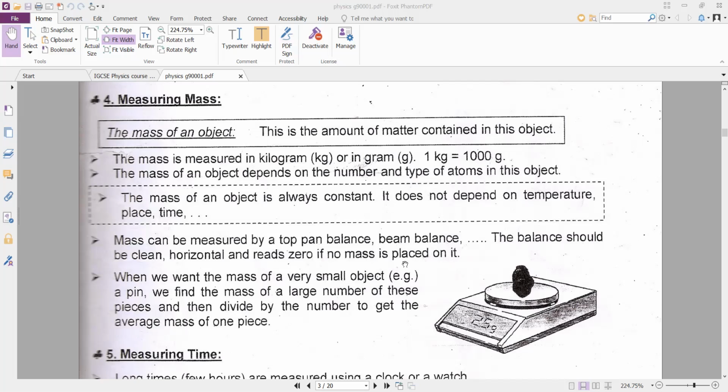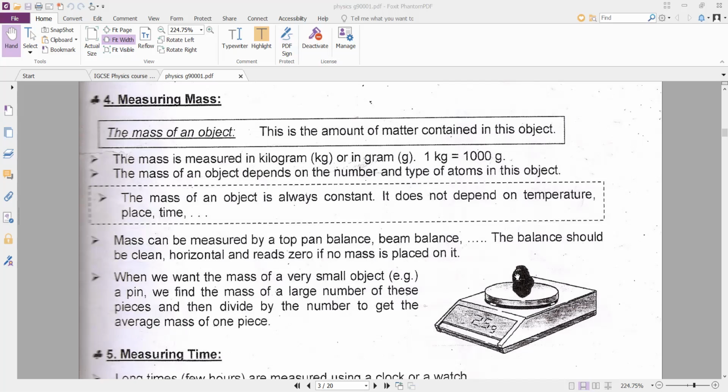What does that mean? Say I have this stone and I need to measure its mass. If the balance has an old reading, for example 10, and now I need to add this object, can I add on top of the 10, or should I change it to 0? Yes, it should be changed to 0.